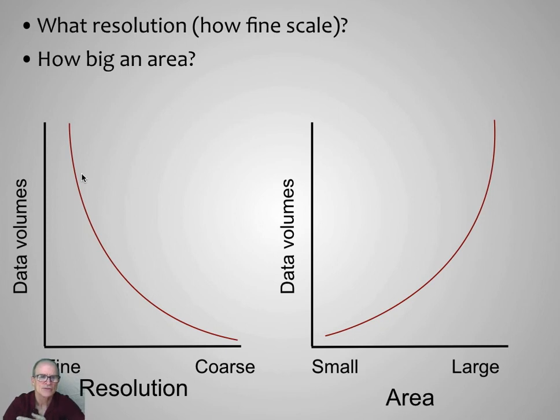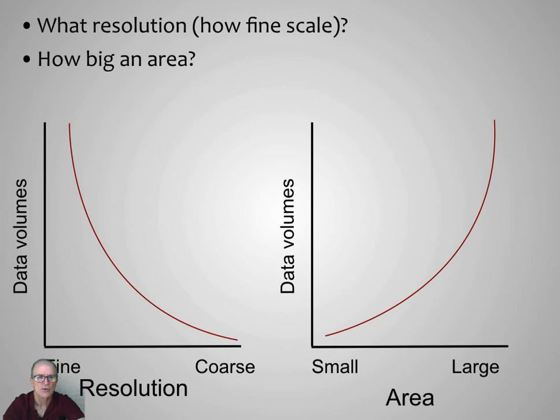Your data volume goes up with the square of your resolution, because you have the resolution in both directions. As the area increases, your data volumes increase, again, with the square of the area. So if you want both fine resolution and large areas, you often overload your system. You have to meet someplace in the middle.